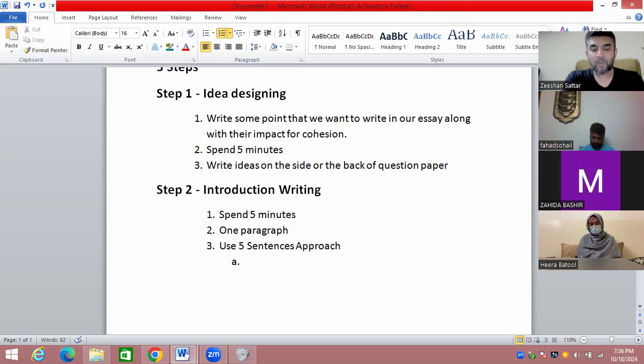Sentence number 1 will cover the topic along with the focus. So that the examiner could understand that we have well understood what we need to write, and this will be the best sentence to highlight that we have understood what the examiner has asked us, and this will show your task response.